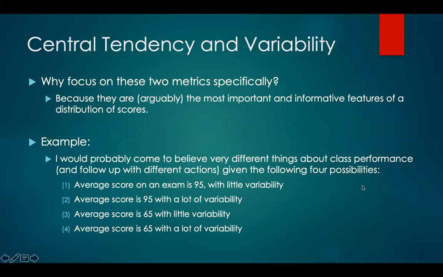So if the average score on an exam is a 95, but there's very little variability in scores, or if the average is a 95, but there's a lot of variability in scores. Now, if the average is a 65 with very little variability in scores, or if the average is a 65 with quite a bit of variability in scores.